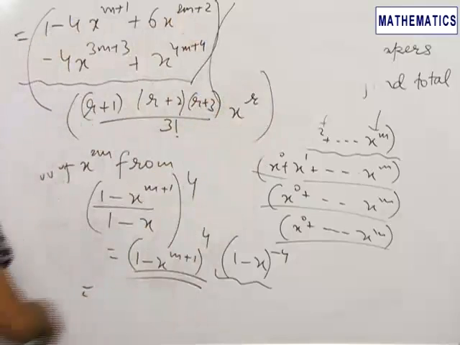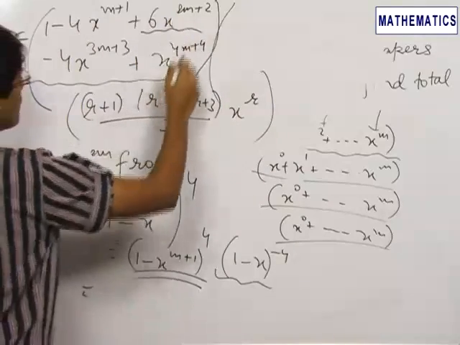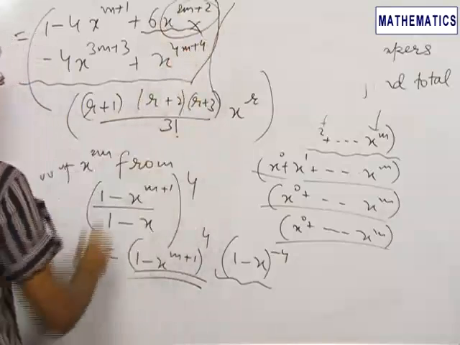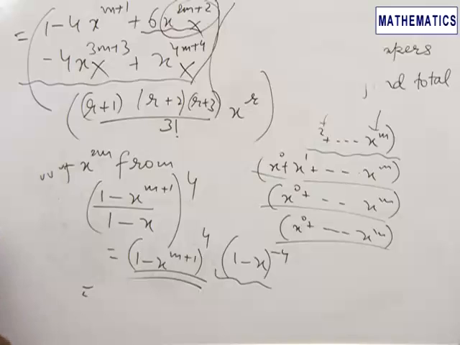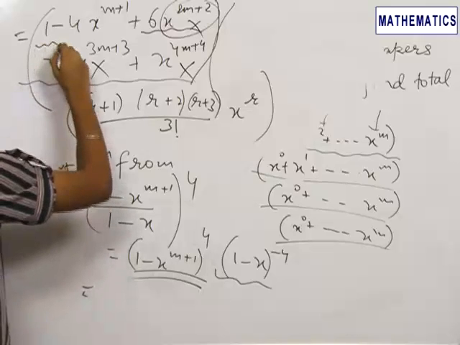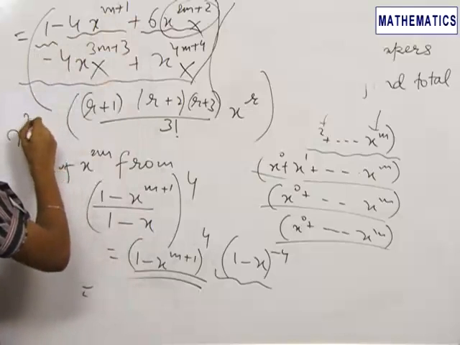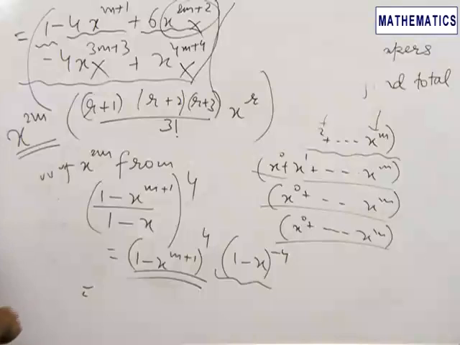Now this term is useless for us because we need the coefficient of x^2m, and this term is already greater than x^2m. So this is useless, this is again useless, and this is again useless. So the only terms which are beneficial for us are 1 and x^(m+1), since x^(2m+2) is already beyond x^2m. So these 3 are useless terms for us.